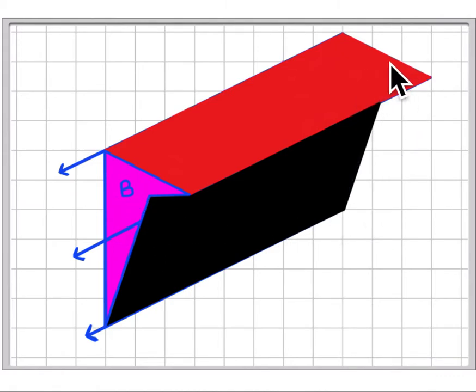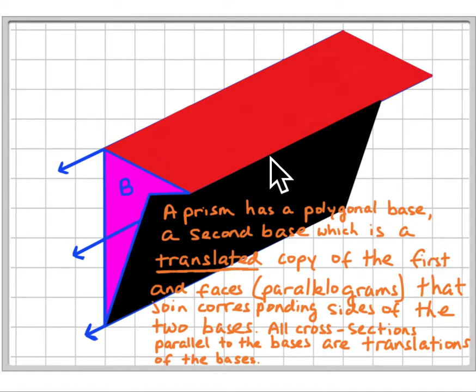You can't see it because it's covered up, but A is also a base of the prism. So they are translated copies of each other, and each corresponding side of the polygon is connected by a parallelogram, or if it's a right prism, it's connected by a rectangle. So the bases are translated copies of each other.